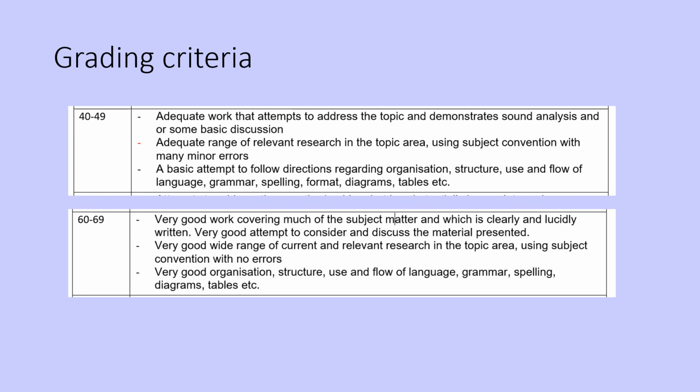Again, in terms of the referencing, needs to be a good range of current and relevant research, and the key thing is that your subject convention should have no errors at all. So do remember, if there are errors in your citations at level 5, you cannot achieve more than a 58. So as I say, do take the time, and as I said before, if you do need some extra help, do give me a shout, because I can certainly share some more resources with you.